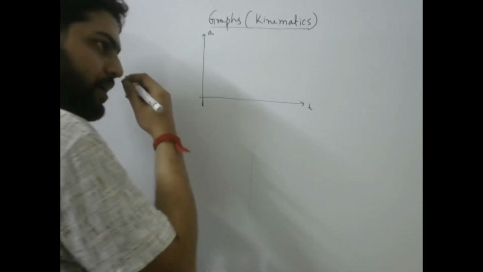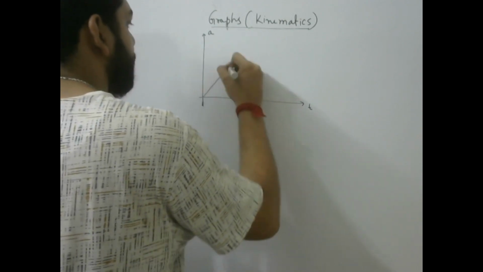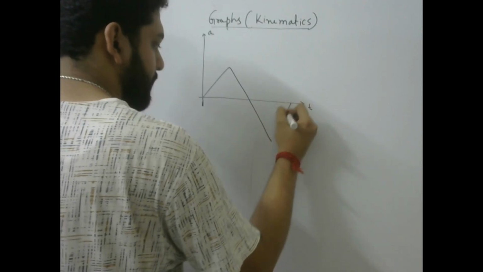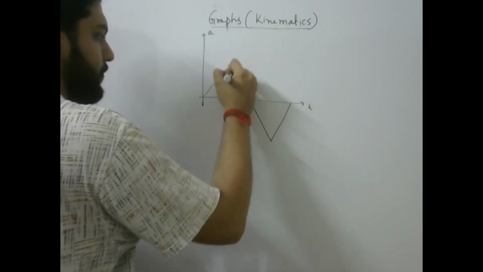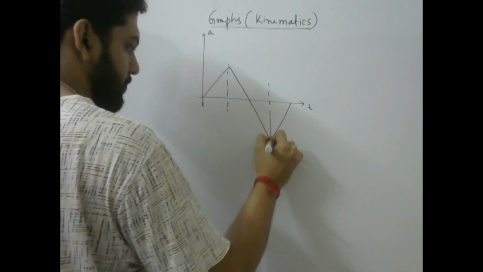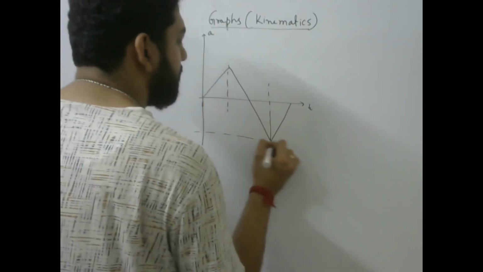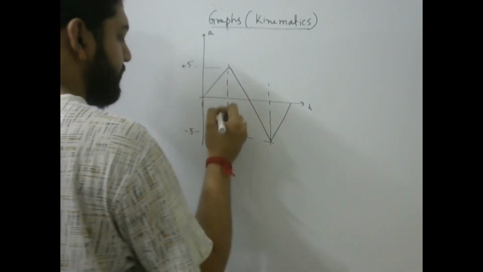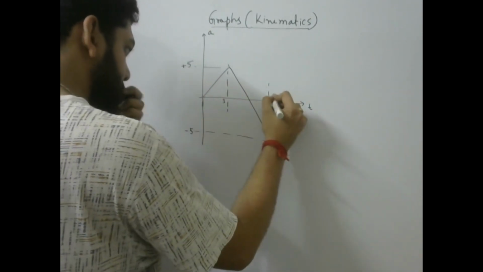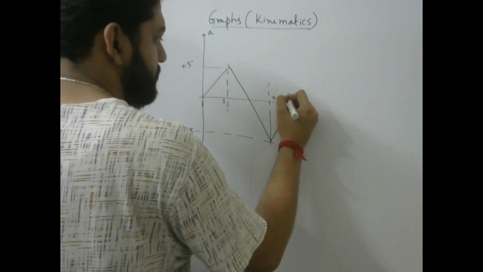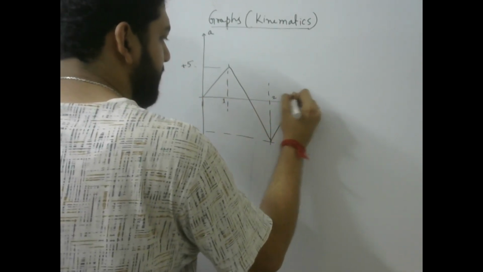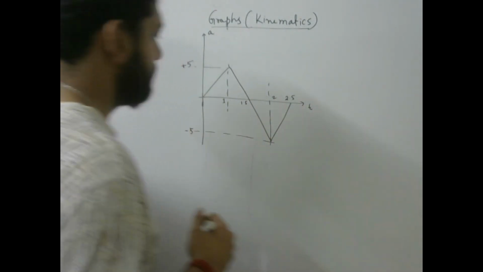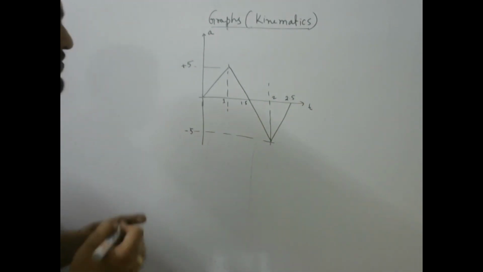Suppose you are given this kind of acceleration graph, with values plus 5, minus 5, and times 1, 2, 2.5, 1.5. So you can understand that an acceleration time graph is given.